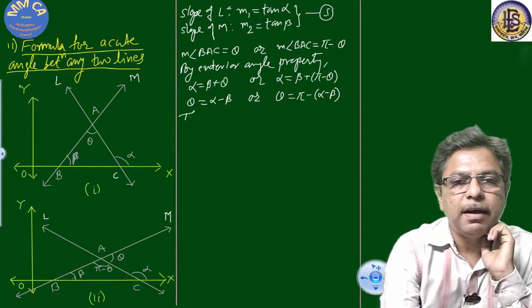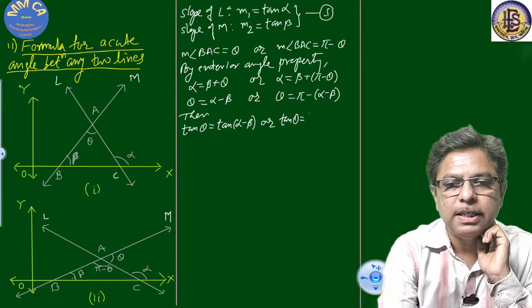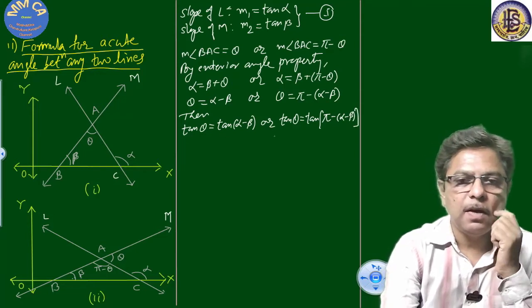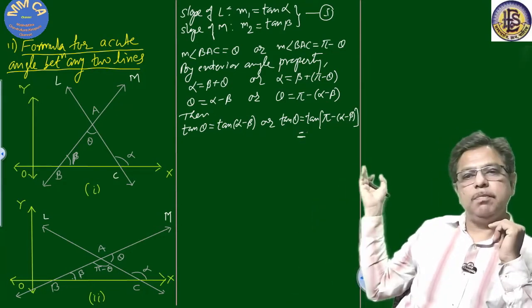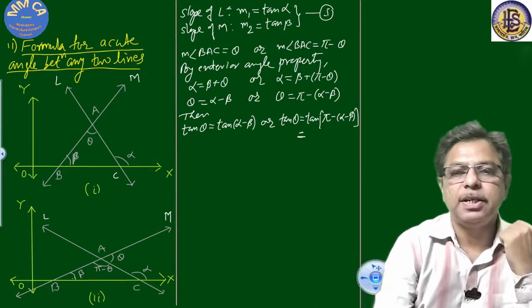Then we'll take the tan ratio on both sides. So tan of theta is equal to tan of alpha minus beta in the first case, or in the second case tan of theta is equal to tan of pi minus alpha minus beta. And you see what the allied angle is: tan of pi minus any angle will be minus tan of that angle.